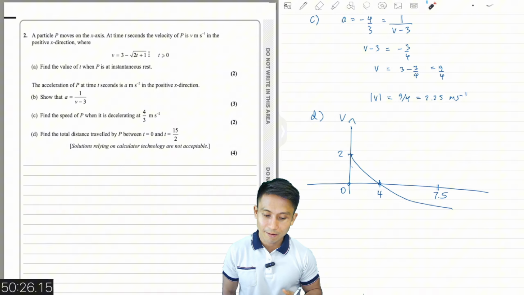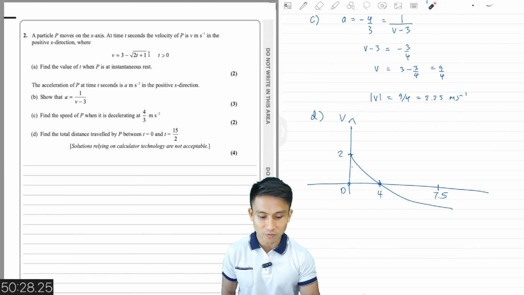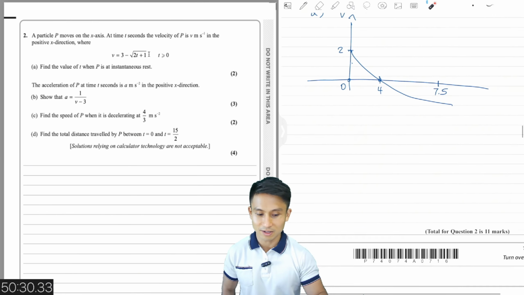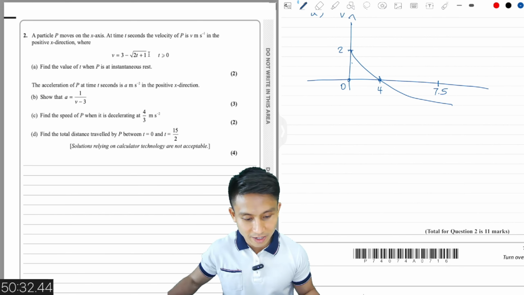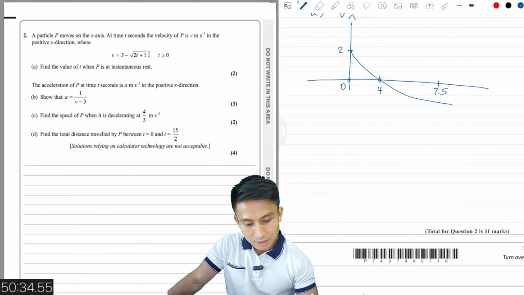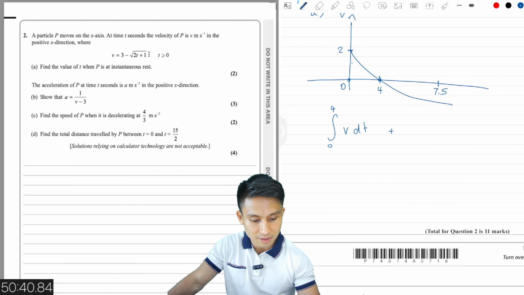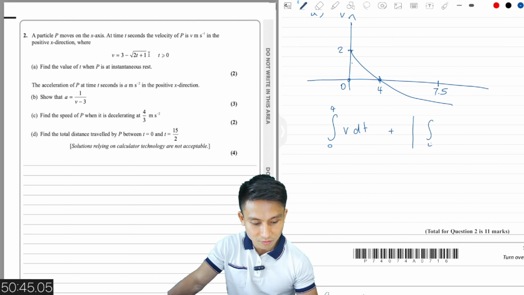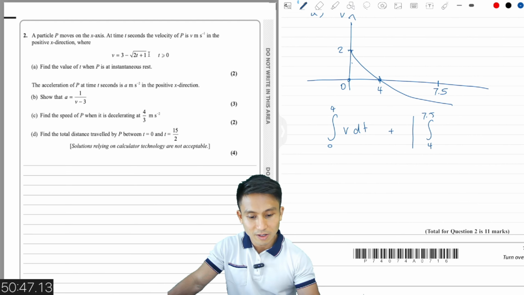Yeah? But if we want distance traveled, we need to find them separately, right? Okay, so we need to find the integral of v dt from 0 to 4 plus the modulus of the integral from 4 to 7.5, because we know that it's going to be negative, right?